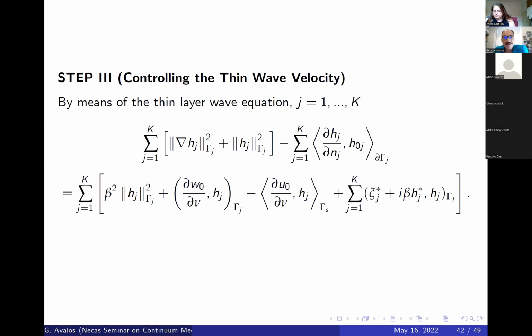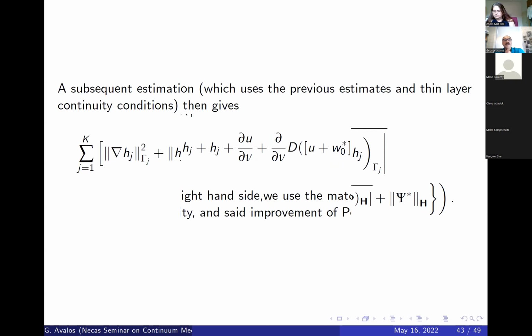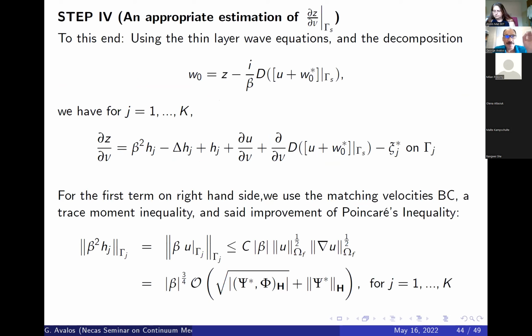And so to do this, we control the skinny wave velocity by an energy measurement. Now we obtain the skinny wave energy measurement in terms of right-hand side. And now this puts us in a position to obtain, when I say appropriate, I mean an L2 sense with right-hand side that we can really use, okay?